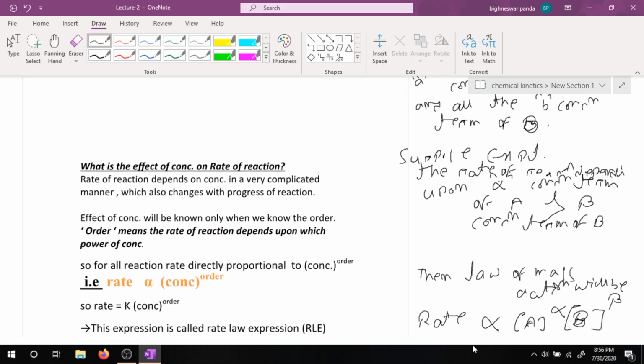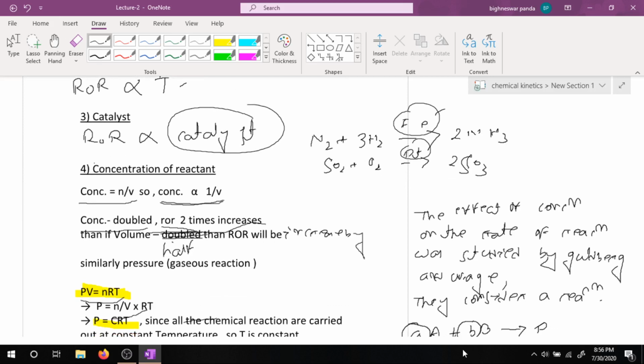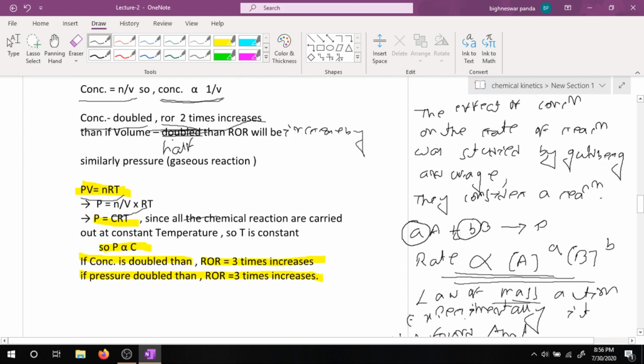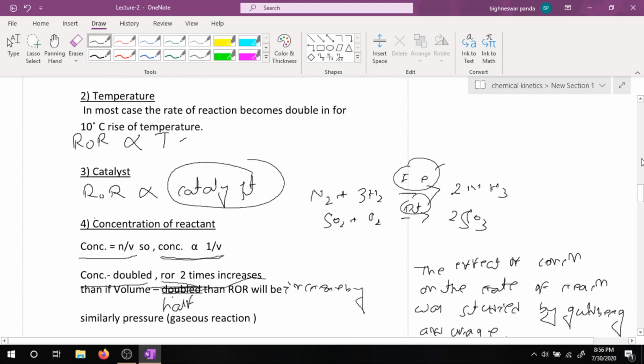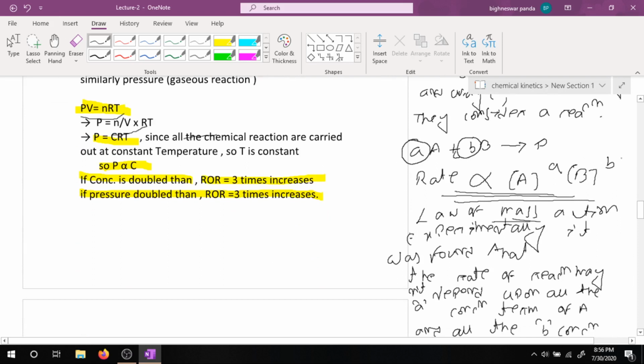So what is the concept behind this? The effect of concentration on the rate of reaction was studied by Goldberg and Waage, and they found that for a reaction, rate is directly proportional to the molar concentration of A raised to the power a and B raised to the power b, and that is the law of mass action.